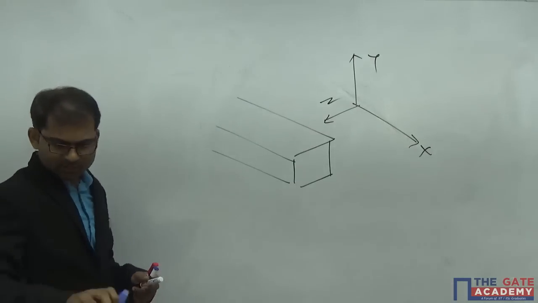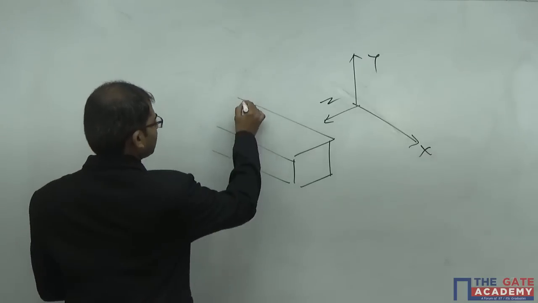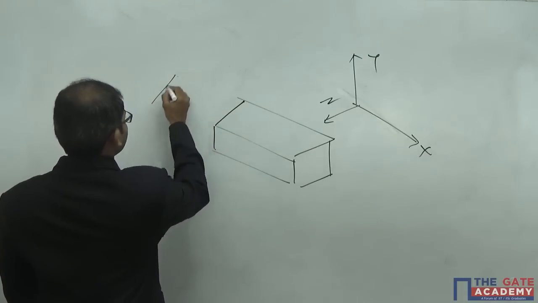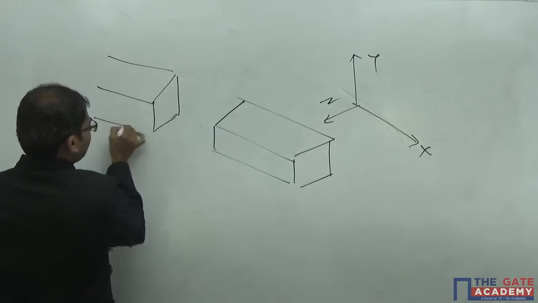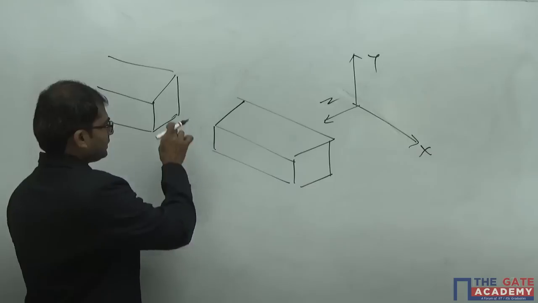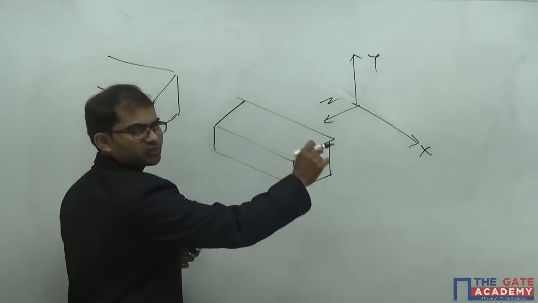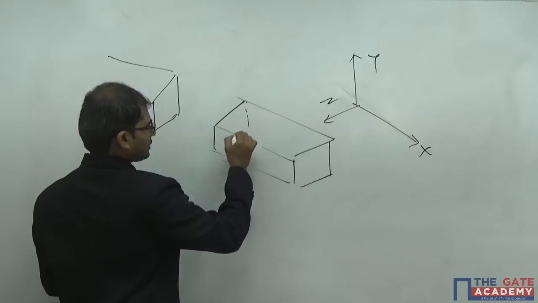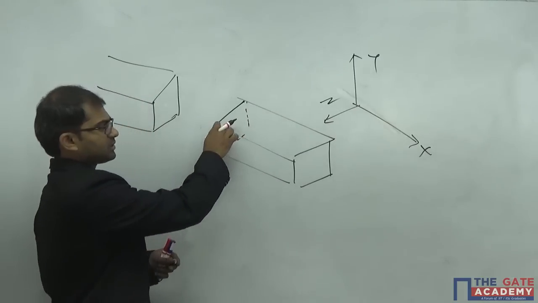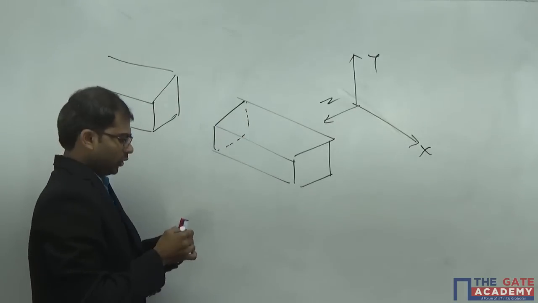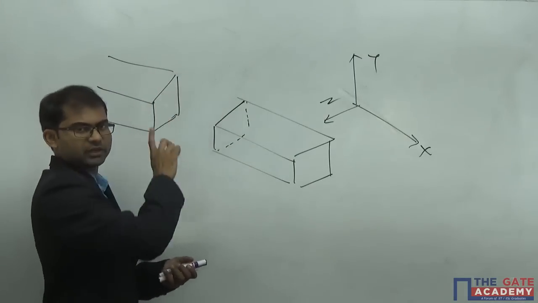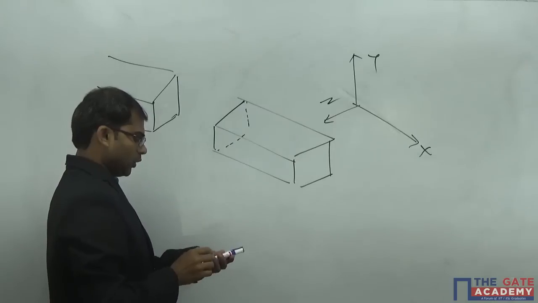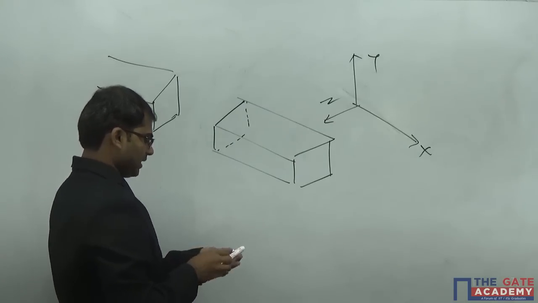You will get one view like this, and another view in this way. After slicing, this is the plane having its normal along the positive x-axis. This is the plane which is not visible here. This is the plane which has its normal along the y-axis. So on this plane, if you are interested in drawing sigma x, tau yx, or tau xz, you will have it in this way.